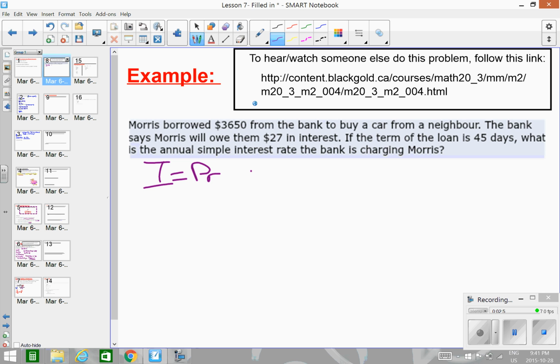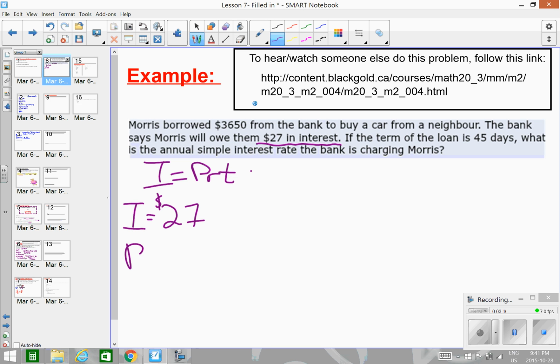I equals PRT. Better get used to using that formula. And let's write down what we know. Let's start with I, the amount of interest. So it says here, the bank says Morris will owe them $27 in interest. That's the amount. I equals $27.